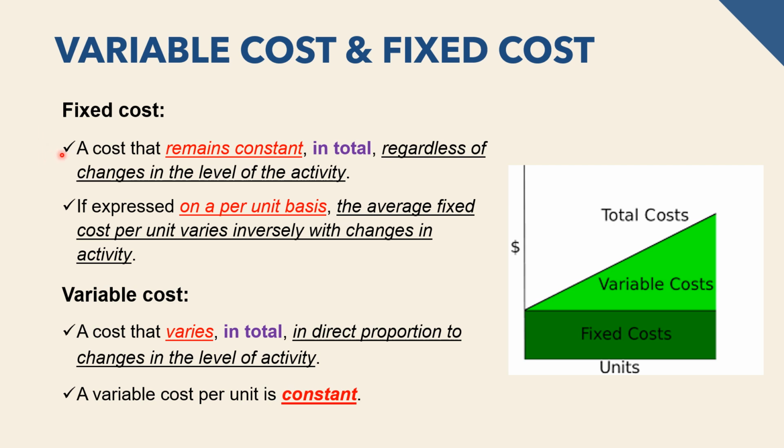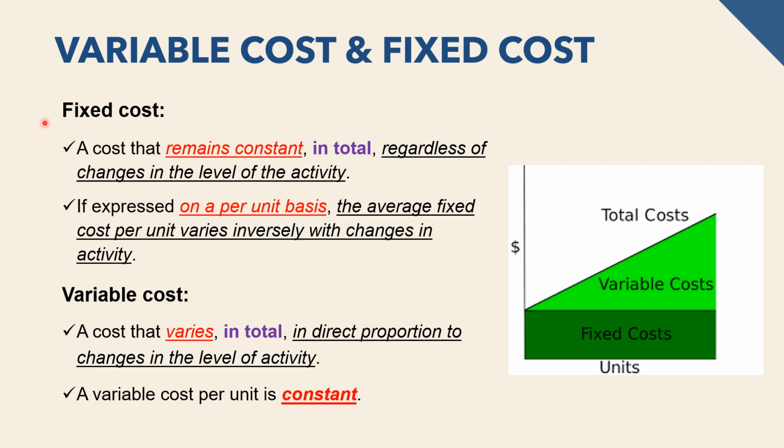A fixed cost is a cost that remains constant in total regardless of changes in the level of activity. But a variable cost is a cost that varies in total in direct proportion to changes in the level of activity.